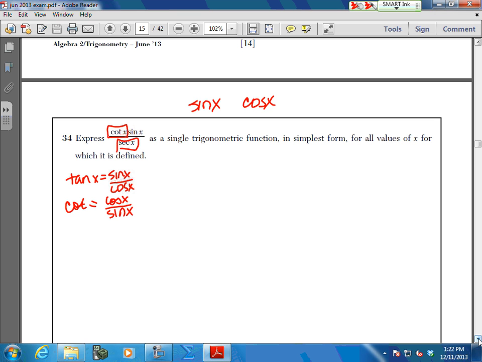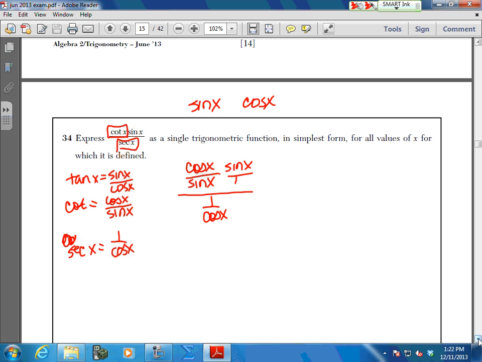The secant is the reciprocal of your cosine. So now we're going to replace those parts. So your cotangent, cosine over sine, times the sine. And put it over 1 if it helps. And your secant is 1 over cosine of x.